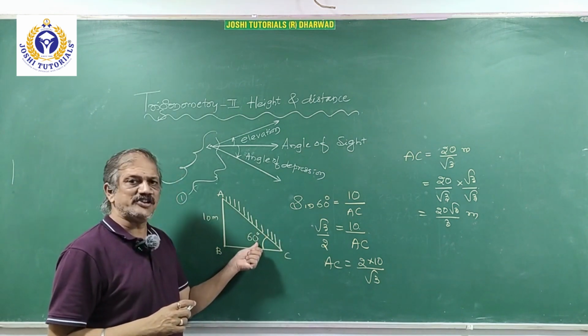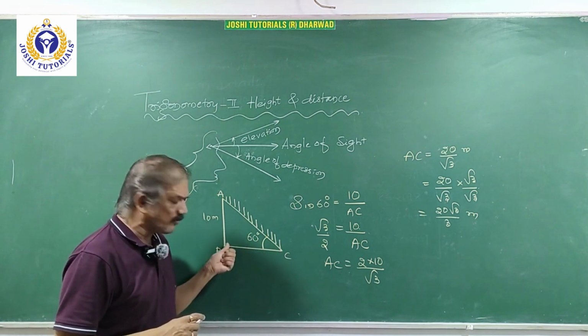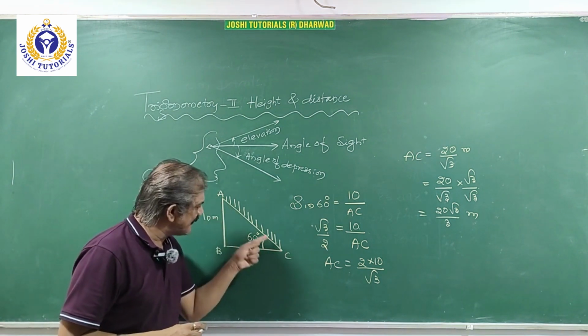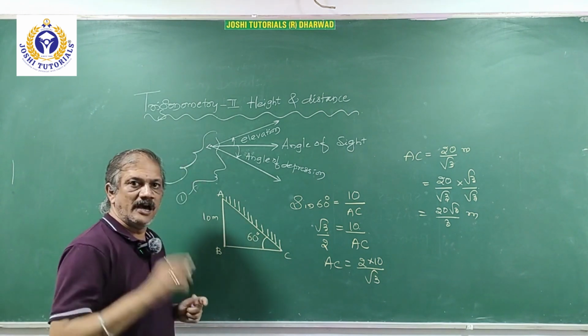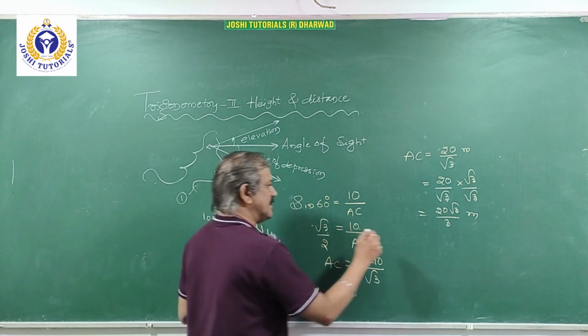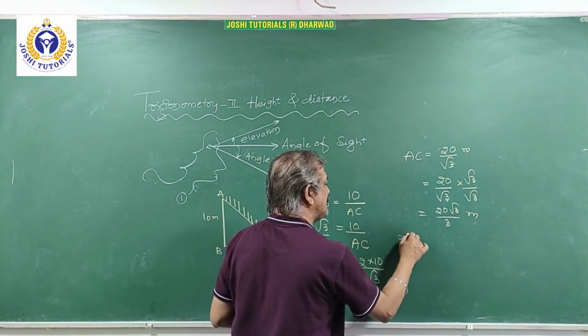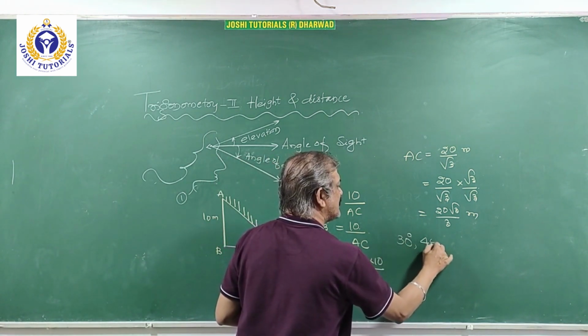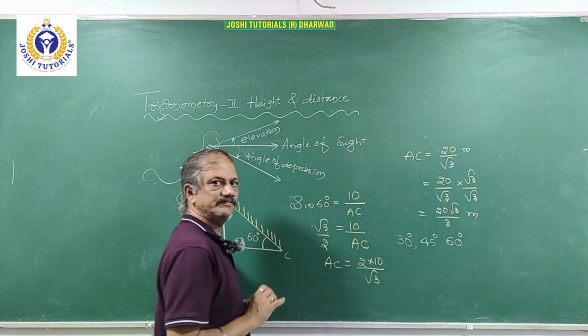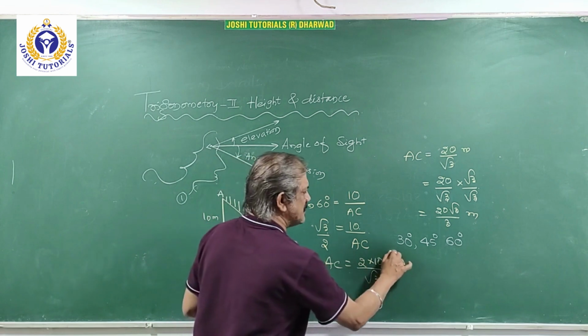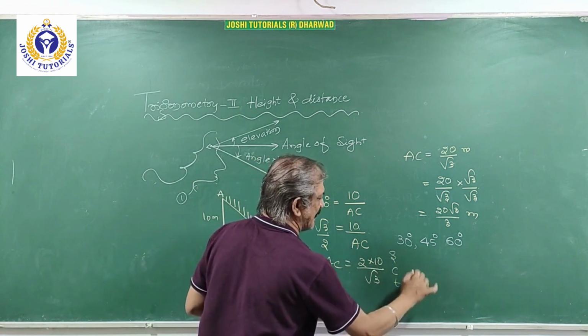Angle of elevation making with the ground, when you keep the ladder, is 60 degree. They give one angle. Remember students, they give you either 30 degree or 45 degree or 60 degree. Only these three. You must remember sine, cos, tan.